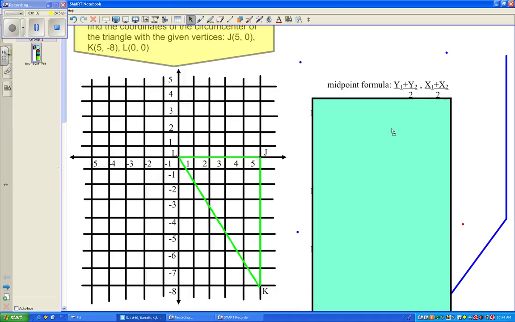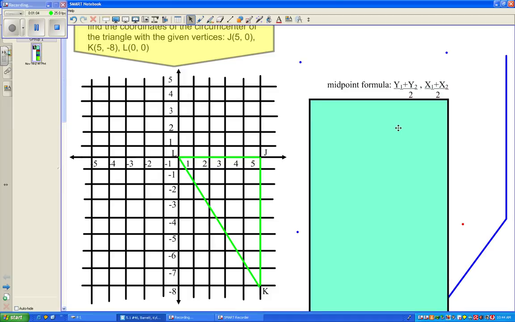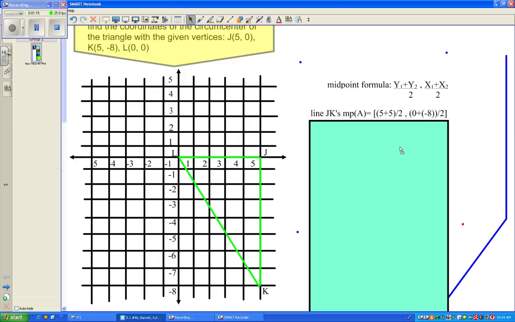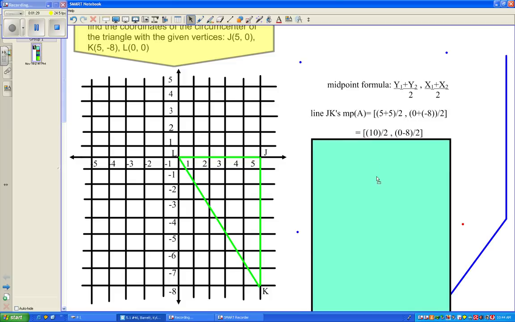So now I use the midpoint formula first, which is (x1 plus x2 over 2, comma y1 plus y2 over 2), all in parentheses. So line JK, midpoint A, is (5 plus 5 divided by 2, 0 plus -8 divided by 2), which is 10 divided by 2, and 0 minus 8 divided by 2.